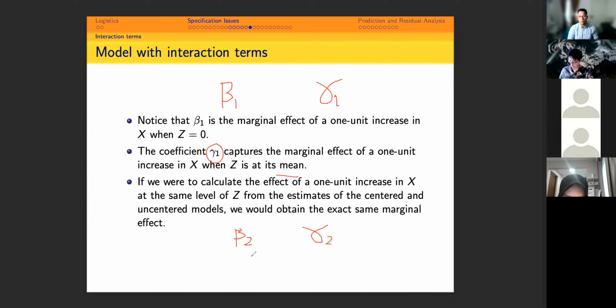Okay. And when we go back to the school quality example, then the interpretation of the estimated coefficient associated with school quality is going to be the marginal effect of a unit increase in school quality for individuals with average schooling. Okay.